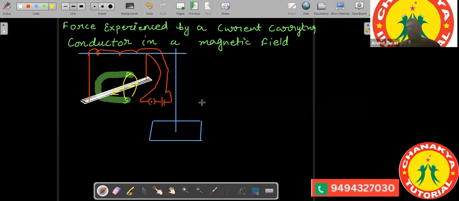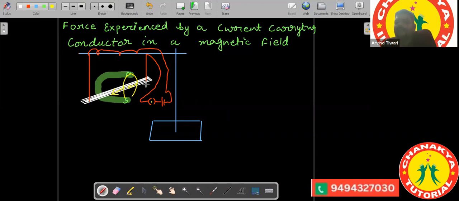And this will happen only when the current is switched on. If the current is switched on, you will see this. If the current is off, you will not see this effect. So what happens?